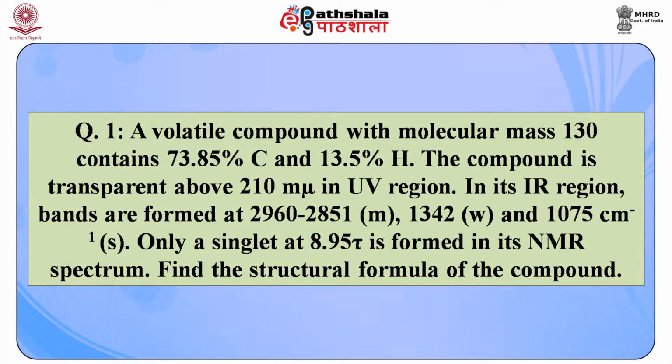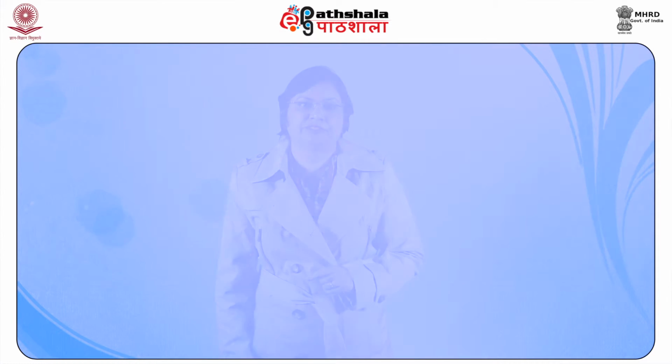In its IR region, bands are formed at 2960 to 2851 as multiplet. Then there is a 1342 band and a 1075 cm inverse band, which is a singlet. Only a singlet at 8.95 tau is formed in its NMR spectra, and you have to derive or find the structural formula based on this information.